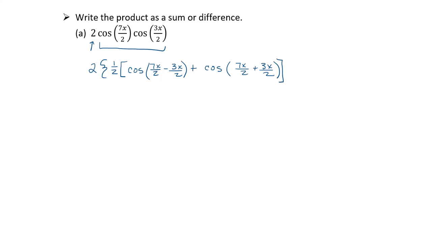Now when I simplify, my 2 times the 1/2 in front will get removed. So I'll have the cosine of 7x minus 3x is 4x divided by 2 is 2x plus the cosine of 7x over 2 plus 3x over 2, that's going to be 10x over 2, which is the cosine of 5x.